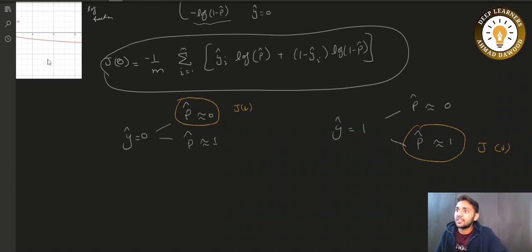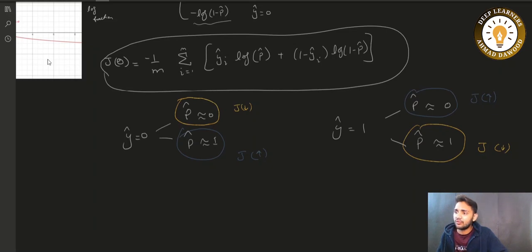And when your actual and predictions have a difference, then your J will be maximum, and here also your J will be maximum. You can put these values and analyze easily.